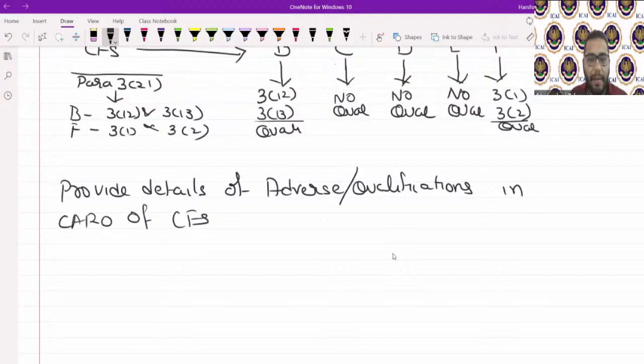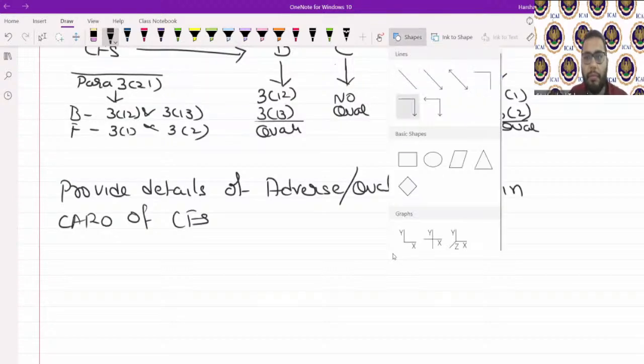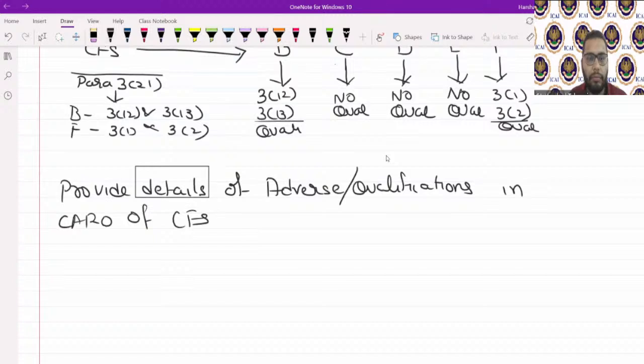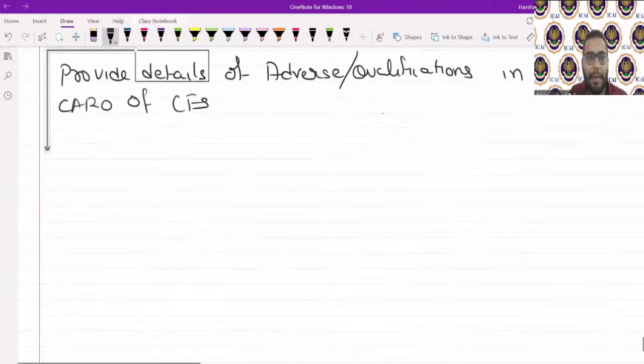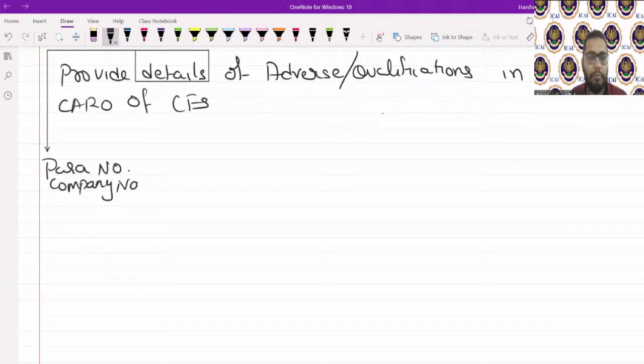When I say details, what you are required to provide is the para number, then the company name, and if possible you can also provide a description.